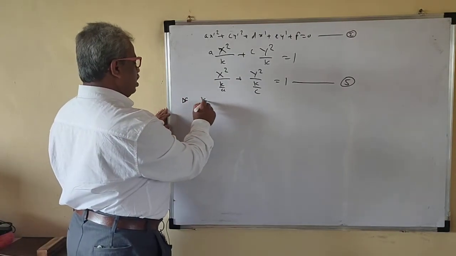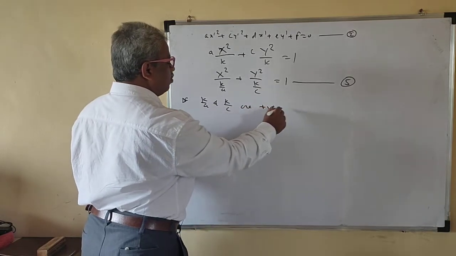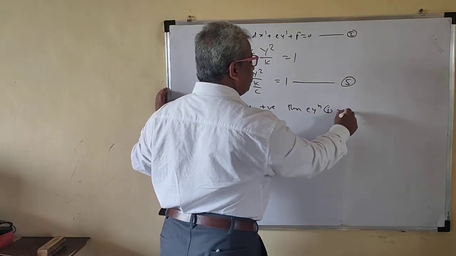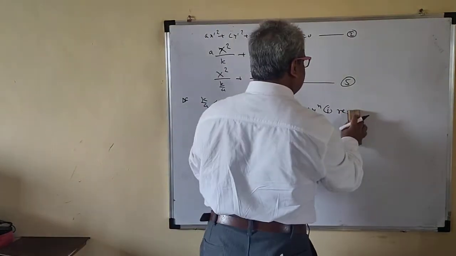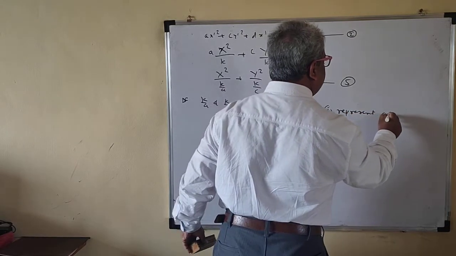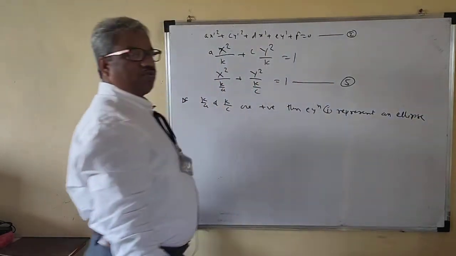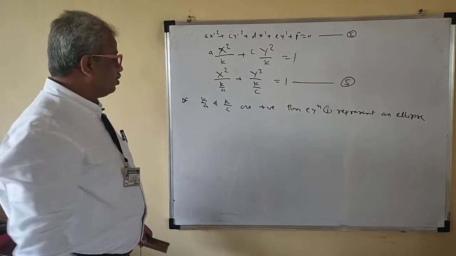Now here what? If k upon a and k upon c are positive, then equation 5 represents an ellipse, because x square upon a square plus y square upon b square is equal to 1, and a square and b square are always positive.